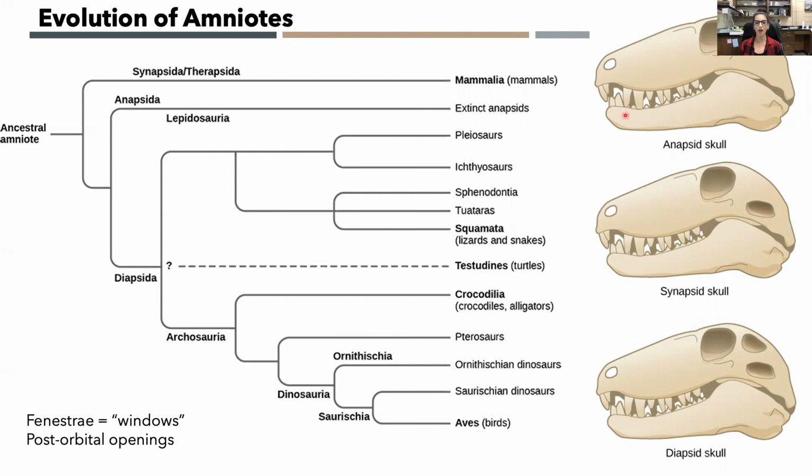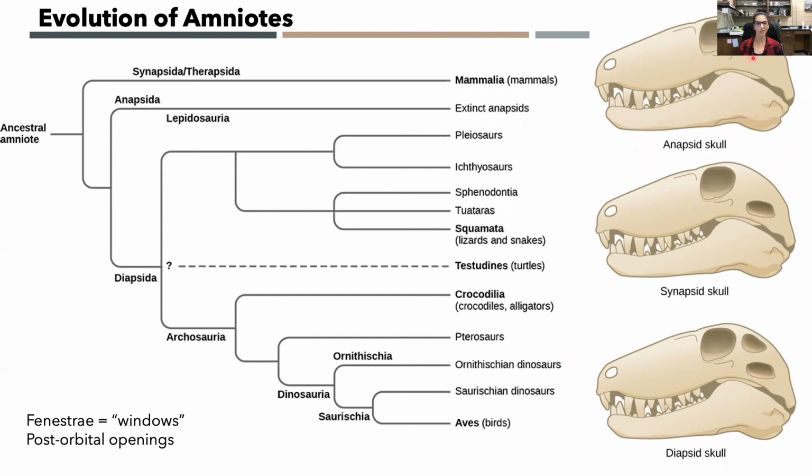So first up are anapsids. These include extinct organisms, and they traditionally included the turtles, but we have more recent molecular and fossil evidence that shows that turtles actually arose within the diapsid line, and then they lost their post-orbital fenestrae.